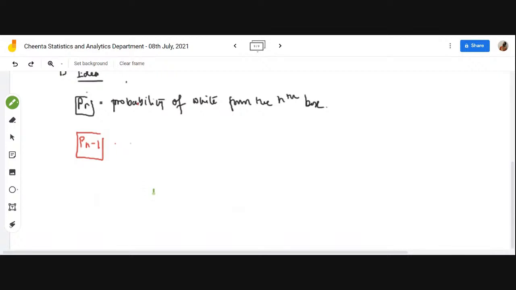Understand the diagram I'm drawing, it's very important. This is called a tree diagram. From the n minus 1th box, it can happen that you have picked out a white ball or you have picked out a black ball. You picked out a white ball with probability Pn minus 1, and a black ball with probability 1 minus Pn minus 1.